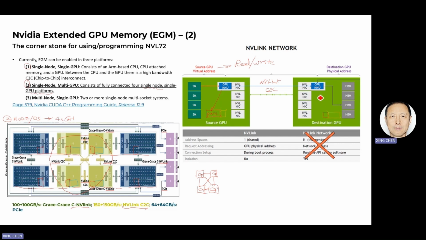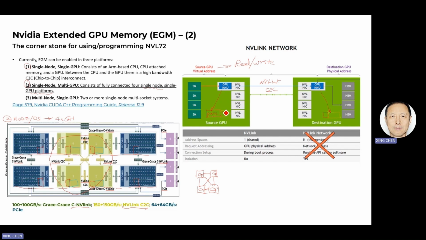The source GPU is going to ask the destination GPU to look up its page table and send the entry back to the source GPU. Okay, if this is the first time for the source GPU to read from or write to the destination. If this is not the first time, this entry should already be here in this cache.